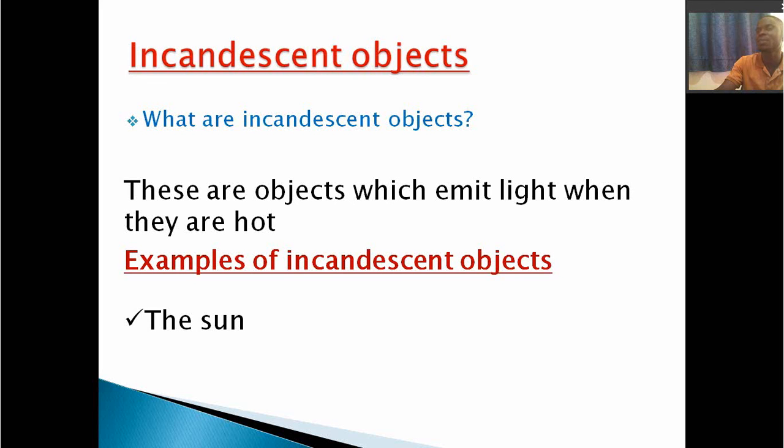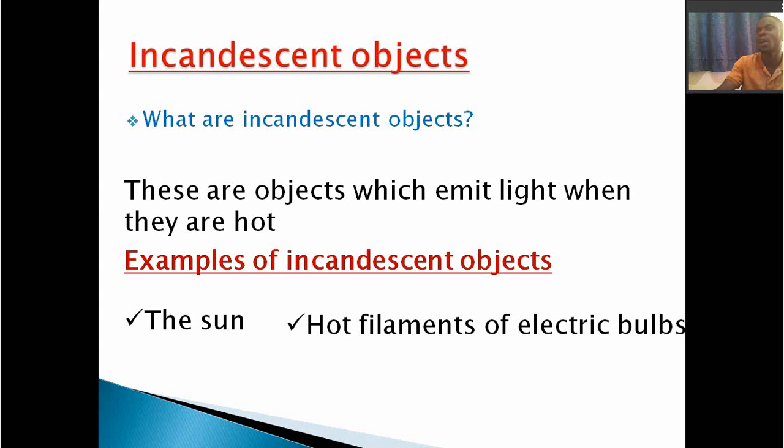Have you ever been under sunshine? Did you feel the heat? Yes, you felt the heat because the sun is hot. Are we together? So, incandescent objects are objects which emit light when they are hot. When the sun is hot, it emits light. It gives off light.